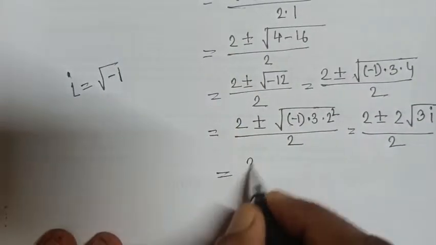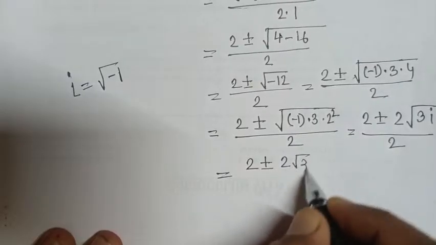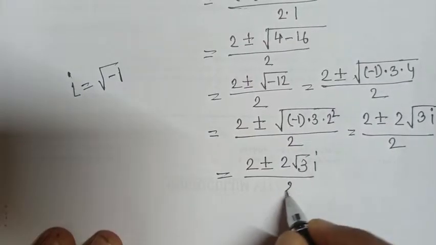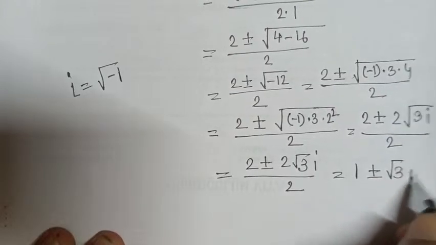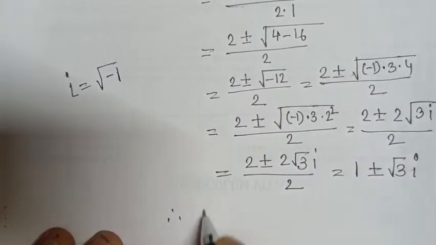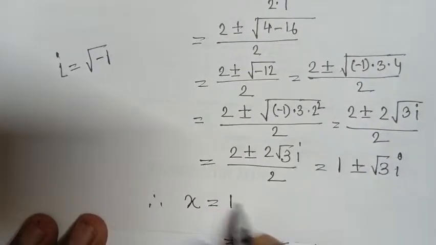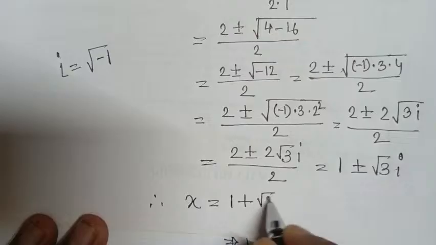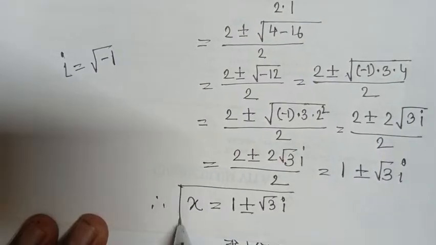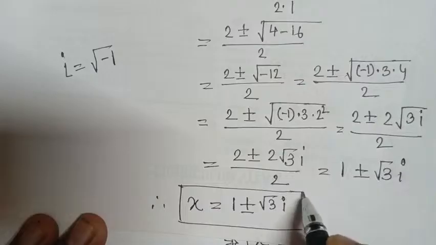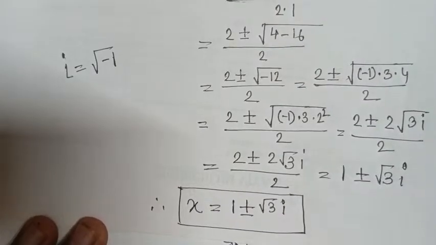So the expression becomes 2 plus minus 2 root 3 i by 2, or 1 plus minus root 3 i. So we get the other complex roots: x equals 1 plus minus root 3 i.